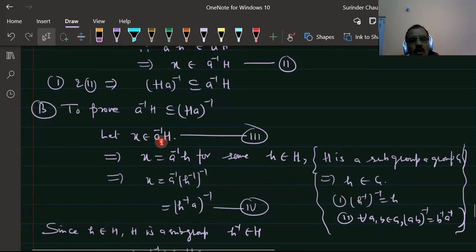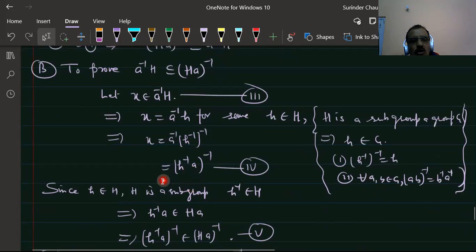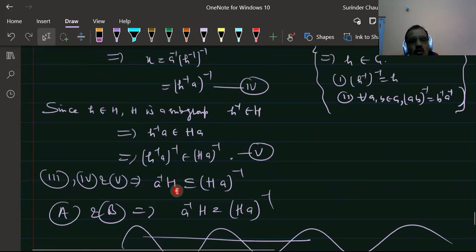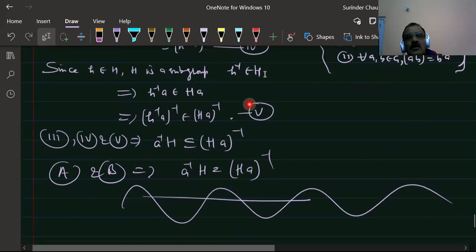Since h belongs to H and H is a subgroup, h inverse also belongs to H. So h inverse a belongs to Ha, and its inverse belongs to (Ha) inverse. We have shown that x belongs to (Ha) inverse. So this implies a inverse H is a subset of (Ha) inverse, and the two parts together imply the result. Thank you.